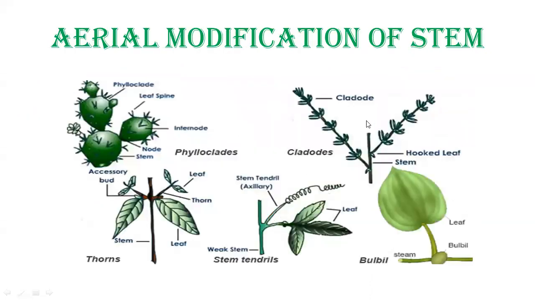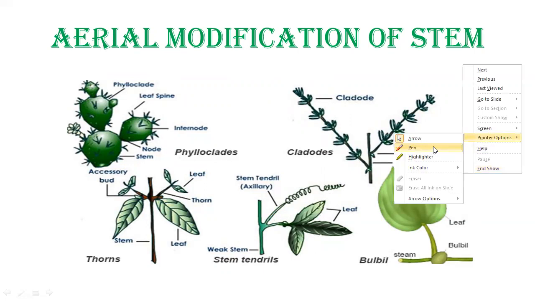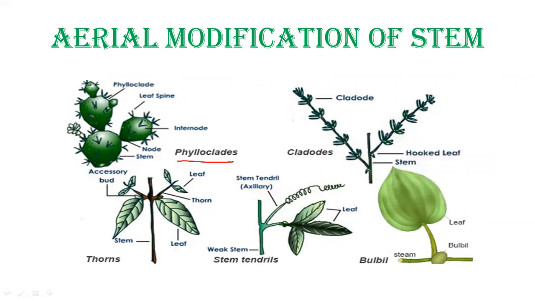Then next is aerial modification of stem. For aerial modification of stem, the first example is phylloclades. Phylloclade is a stem modified into flattened and cylindrical leaves, and they have nodes and internodes from which leaves turn into spine.